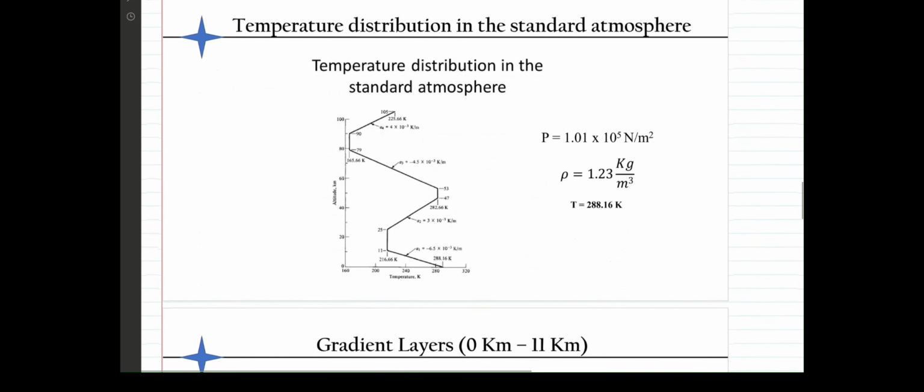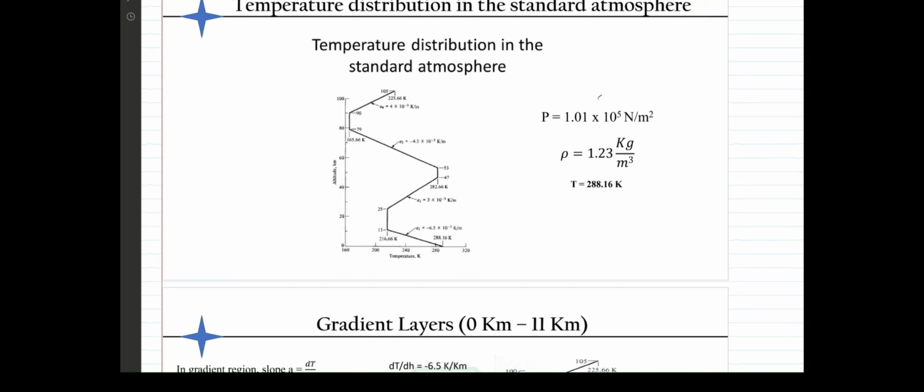Now moving to the temperature distribution in the standard atmosphere. So these standard conditions that we have talked about in the previous chapter are applied at 0 altitude. These conditions apply right here.